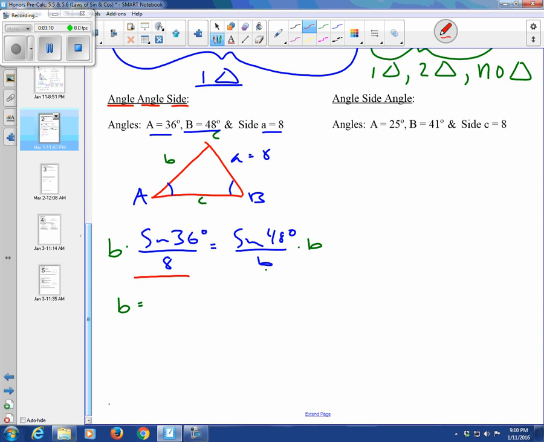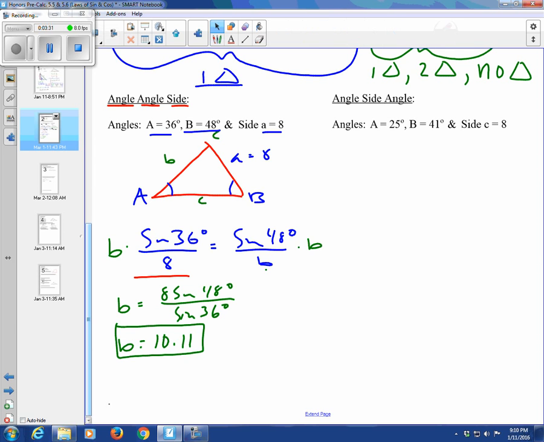When we do that, b is equal to 8 sine of 48 degrees over sine of 36 degrees, and that gives us side b as 10.11. So we've got side b as a length of 10.11 of some unit. We're not specifying the unit here.